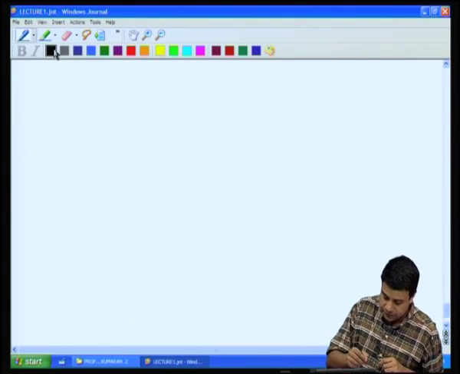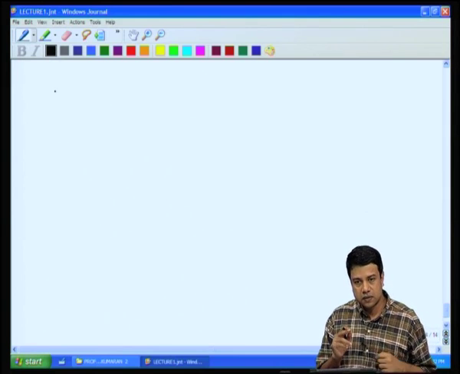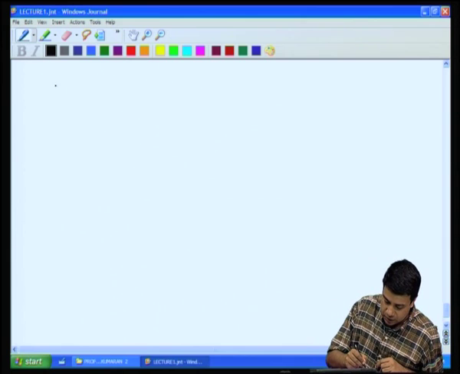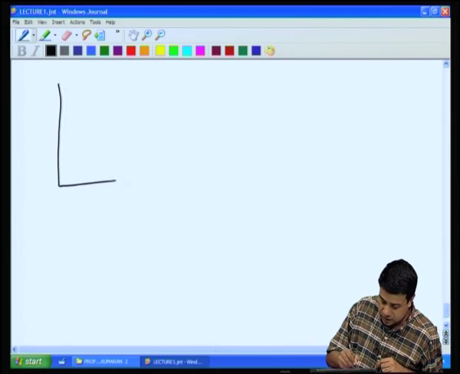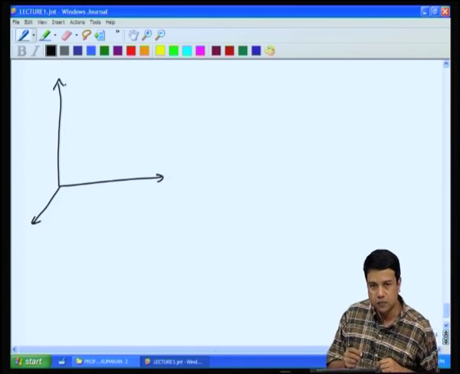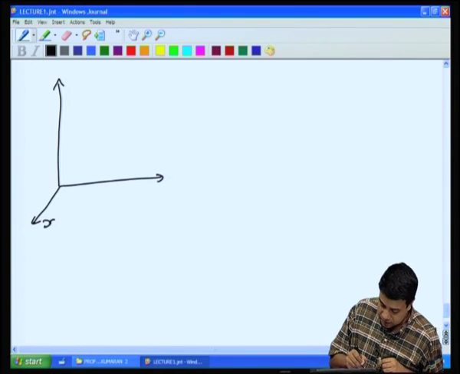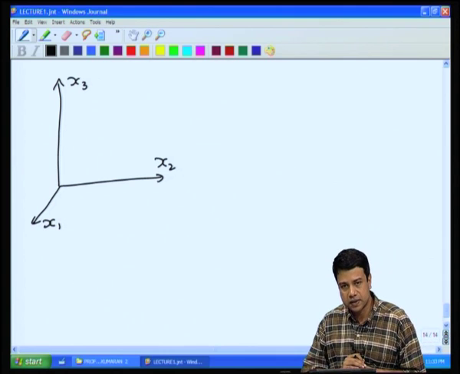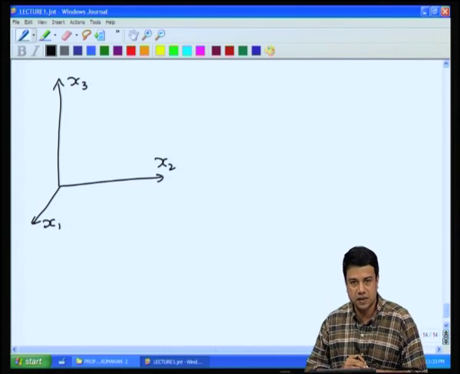Let me make one notational modification at this point. For our future discussion, it is going to be more convenient to label the axes as x1, x2, x3 instead of x, y and z. So, from now on we will use these axis labels.